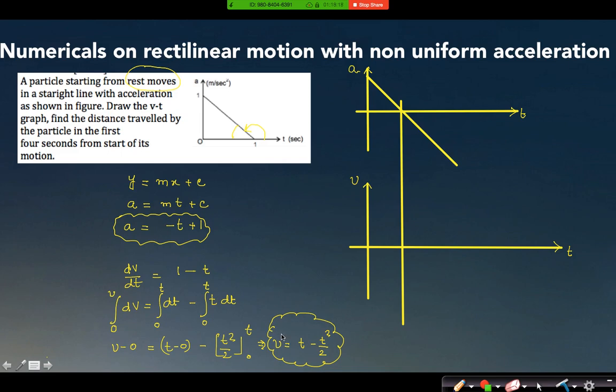Yes or no? Because if you remember, what is the slope of the tangent on a velocity time graph? Acceleration. So if acceleration is 0, that means the slope should be 0. So the graph of velocity time should have this one.